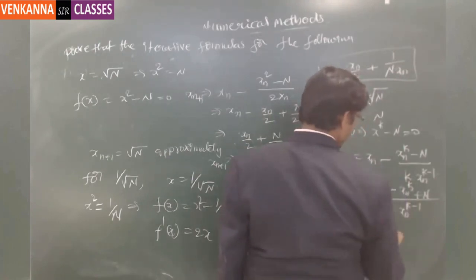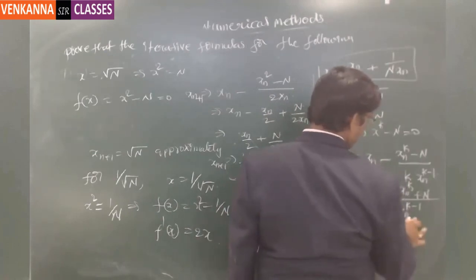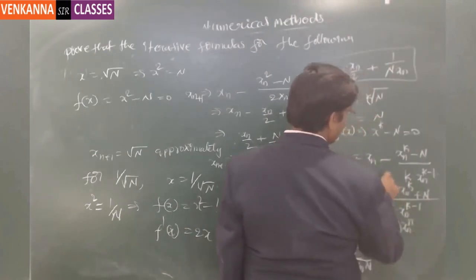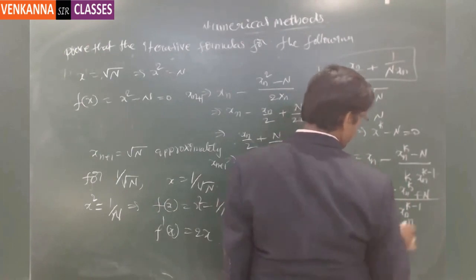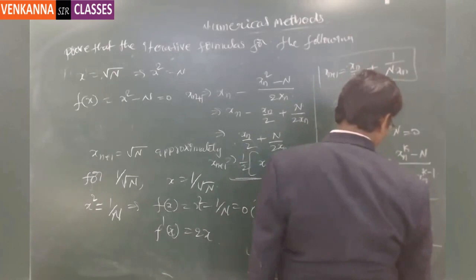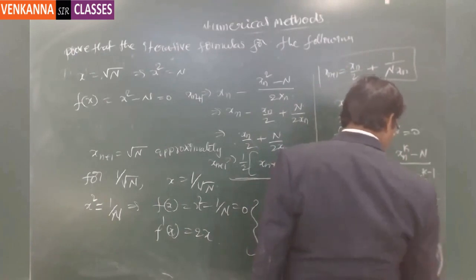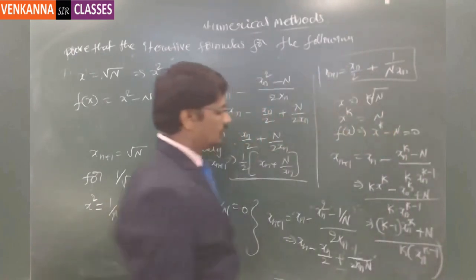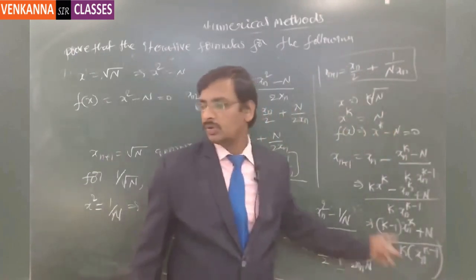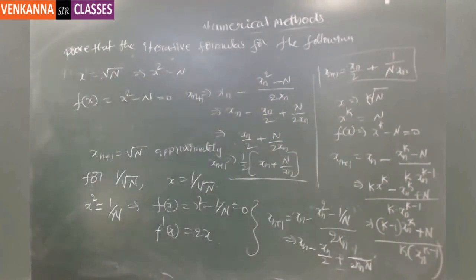So this is going to be (k minus 1) times xn power k plus n, whole divided by k times xn power k minus 1. So this is the function value. You can make use of this value to calculate the nth root of the function. Got it?